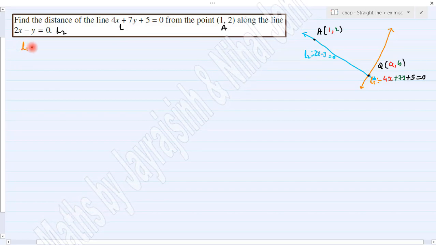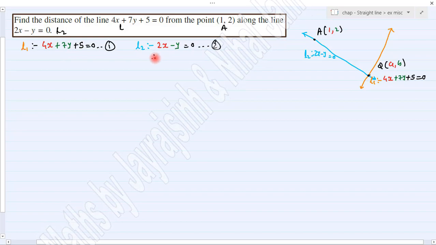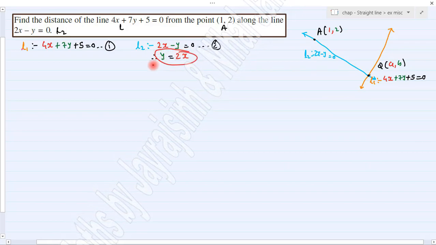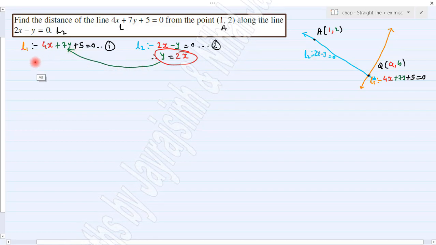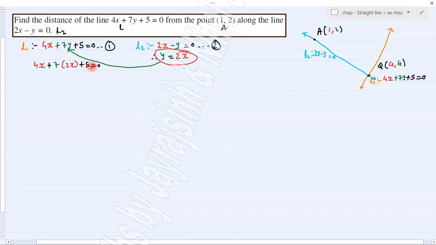So we have to solve the equations of L1 and L2. And for that, let's make y the subject from the second equation. Your y will be 2x. Now, let's substitute the value of y in your first equation. So we will get 4x plus 7 times 2x plus 5 is equal to 0.